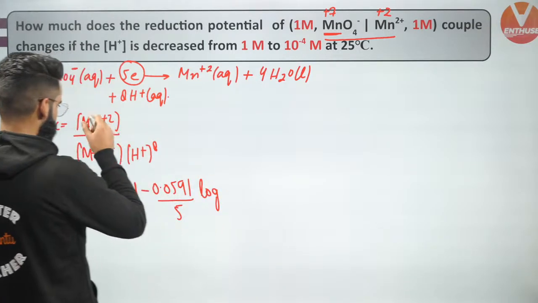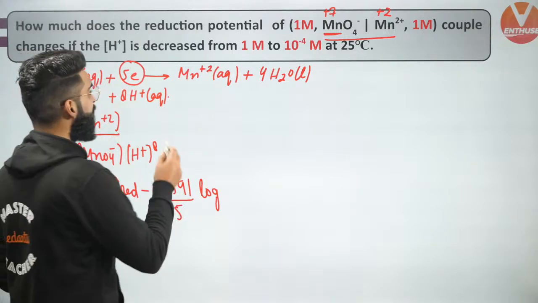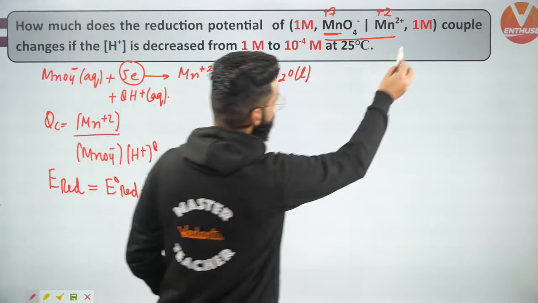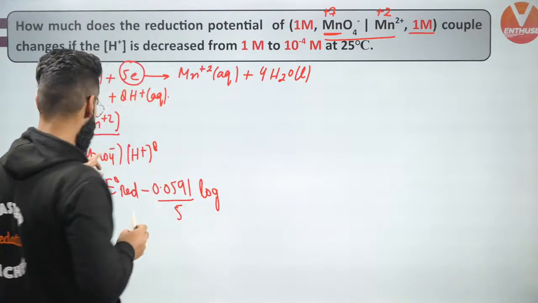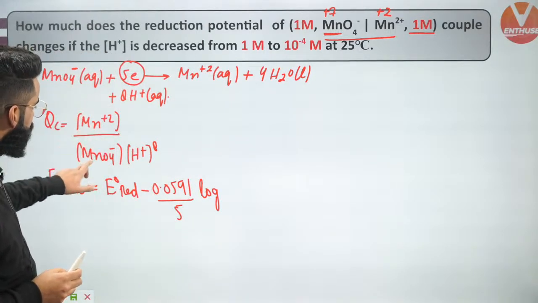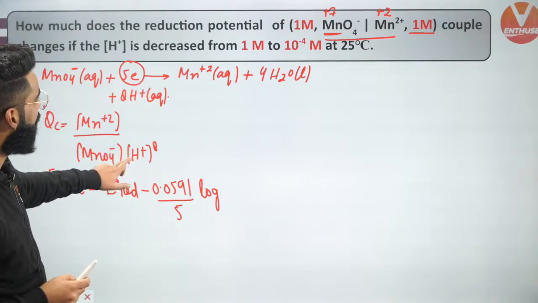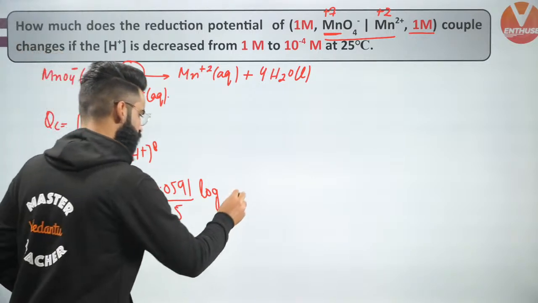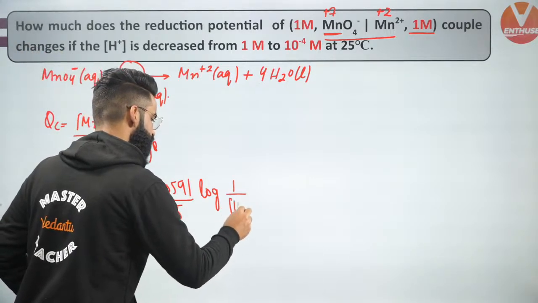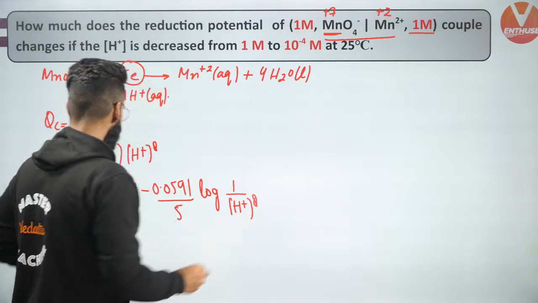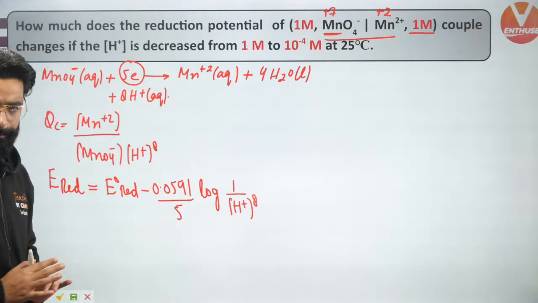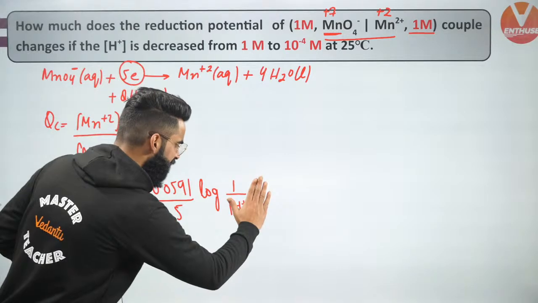QC value we got to know as concentration of Mn di positive, which is given to me in the equation, that is 1, divided by concentration of MnO4 negative, that's also 1. H positive concentration, is that given? Let me keep it as such, 1 divided by H positive concentration to the power 8, because these two terms are equal to 1. Yeah. Now people, I can write it like this as well.